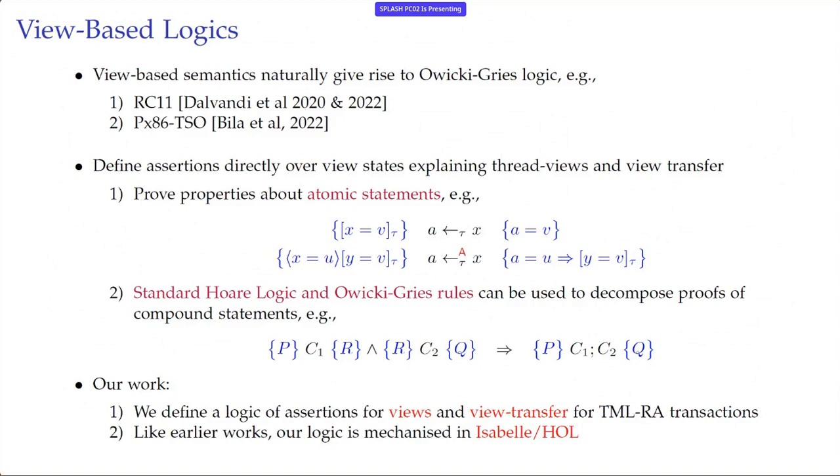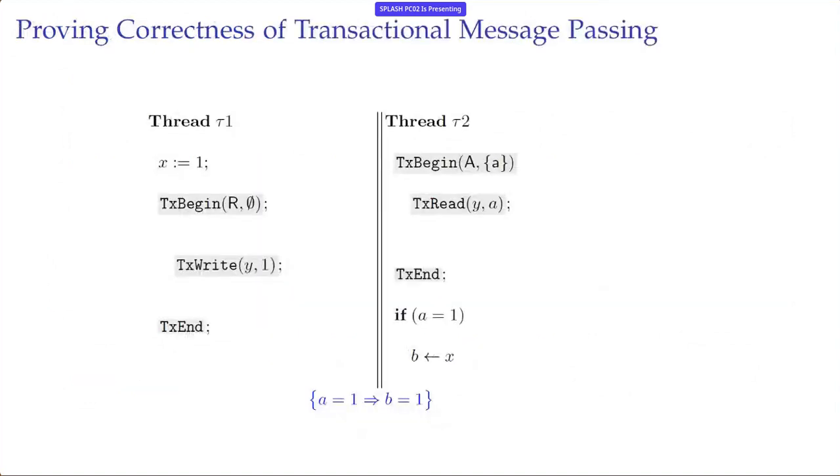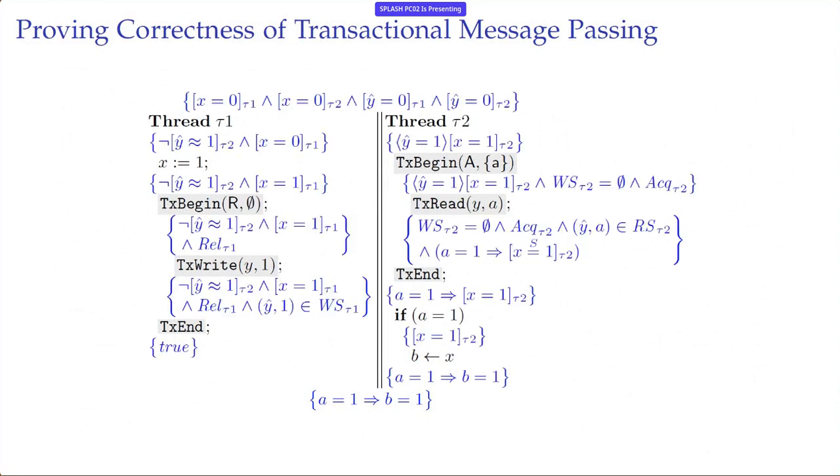The question was whether this would also work for the transactional memory state we have. And here's an example of the sorts of proofs that we can do in our logic. This is the example where you have a release-acquire synchronization between the two transactions. And here's what the OOPSLA proof looks like. It looks fairly complicated, but it's actually not too bad.